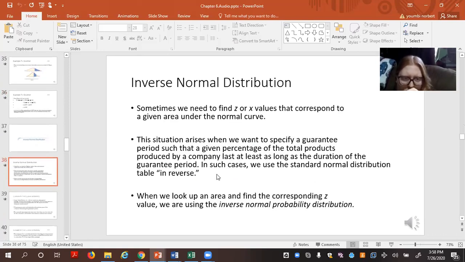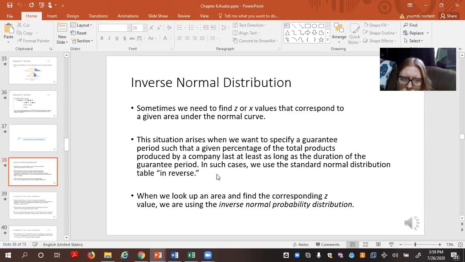Now, sometimes we have questions about the inverse normal. So far, when we have X or Z, we can find the probability. In some instances, you are asked to find Z when you are given the probability. So we have used the score to get the probability so far.